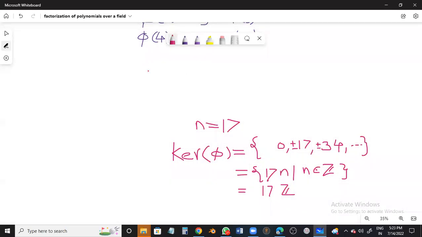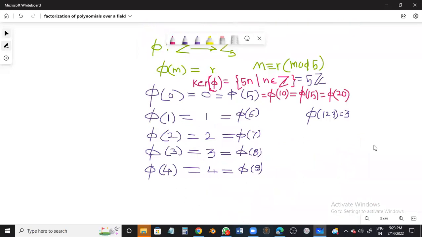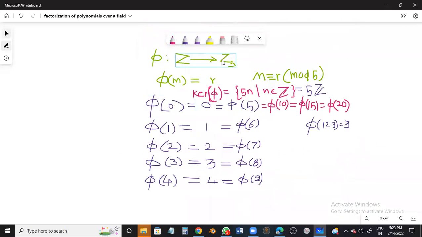I didn't ask you the kernel of 123. Actually, I tried to talk about how the integers are accommodated in Z5. Here, the image of 123 comes out to be 3.